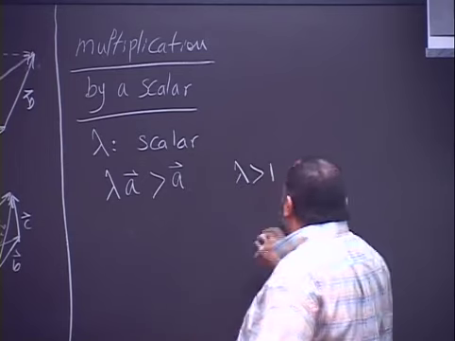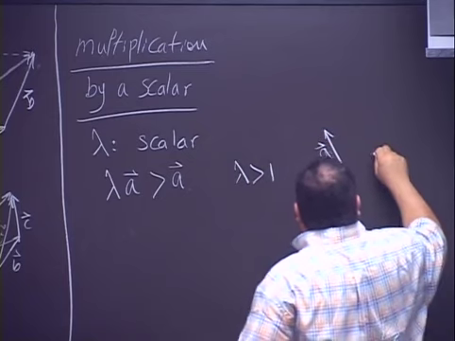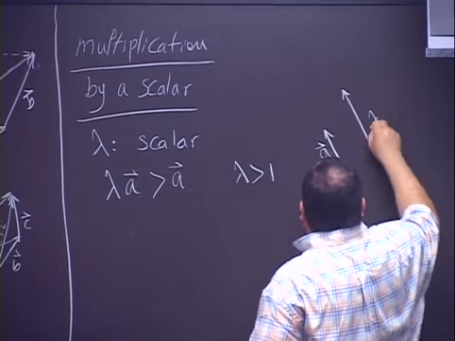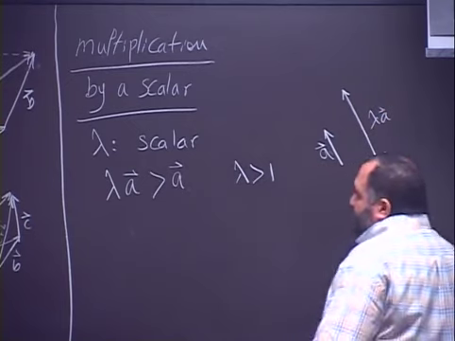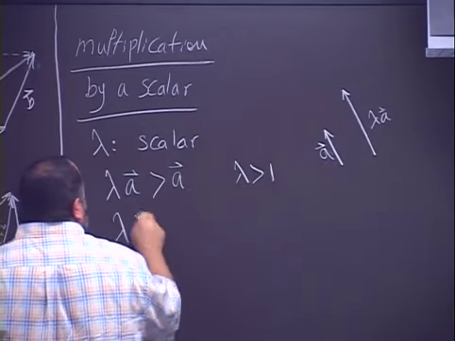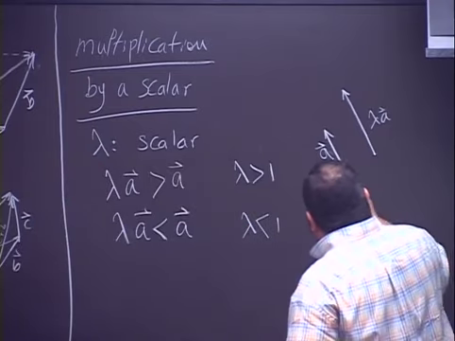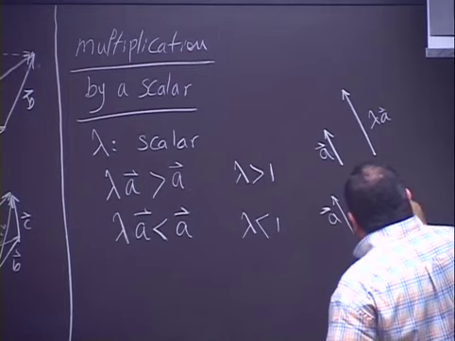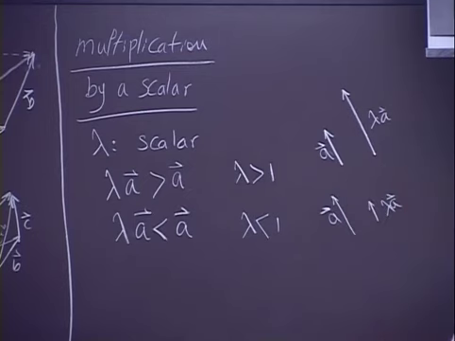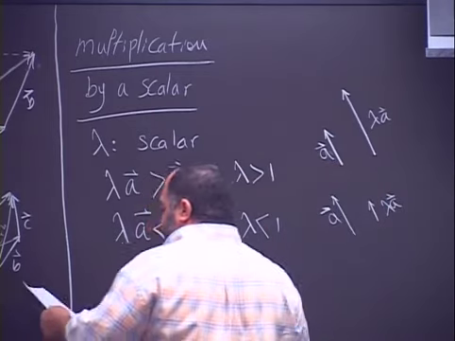So if you multiply a vector, let's say you have a vector A like this, by a scalar quantity which is greater than 1, this is the new vector, lambda multiplied by A. And if you multiply it by a scalar quantity which is less than 1, then you will shrink the vector A. Let's assume that this is the vector A, and the vector lambda multiplied by A will be just a smaller version of vector A.